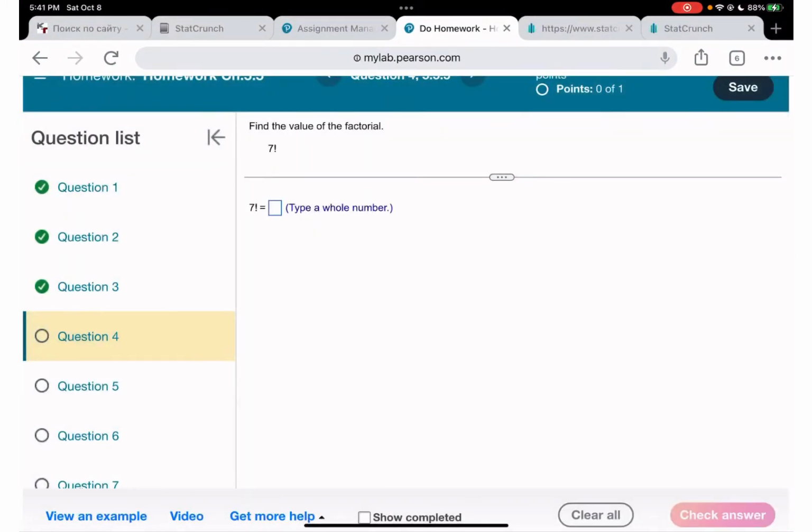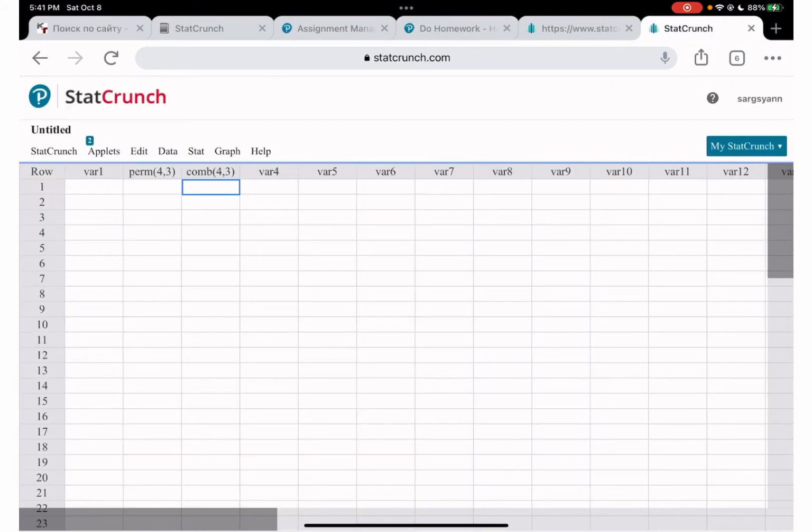Next question. So we need to find the value of a factorial. To find the value of the factorial, I can write here because it allowed me to write. Factorial 7. Hold on.